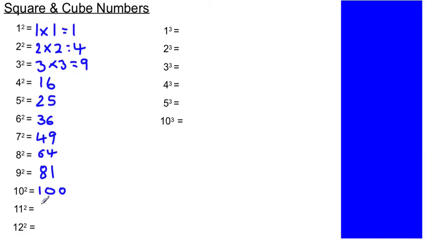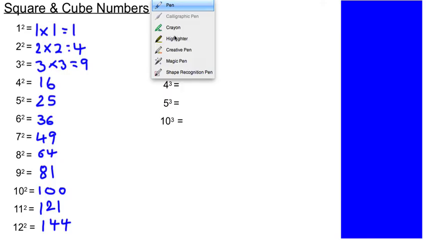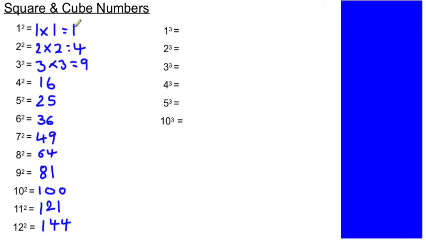11 squared is 11 times 11, which is 121. And 12 squared is 12 times 12, which is 144. Now, what the square numbers are is these numbers here.